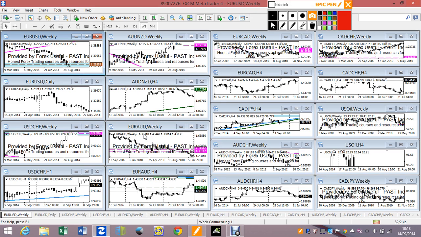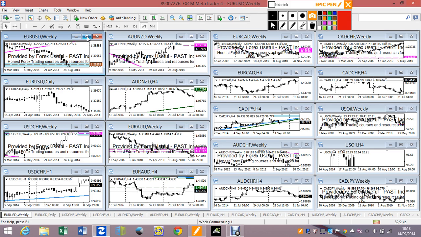Those are the ones that I have liked a little bit more when I've gone down to do my analysis. So I just wanted to run through a bit of analysis for each of these pairs, and then hopefully that will help a few of you, and myself included, and then you can decide which, if any, of the setups you would be interested in trading in the coming weeks.